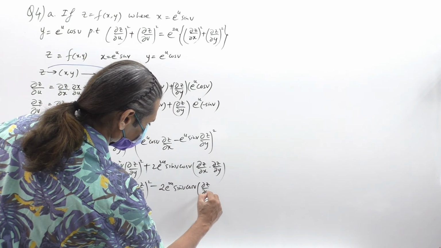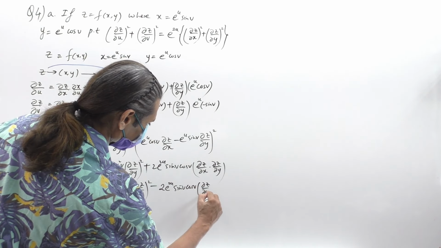Okay. So what remains here is nothing but, I can take e raised to 2u (∂z/∂x)² common, and inside is sin² v plus cos² v. Fine.